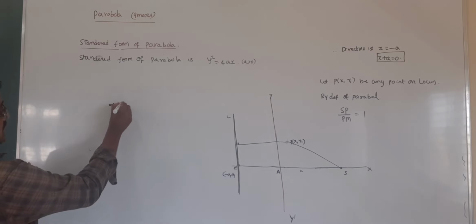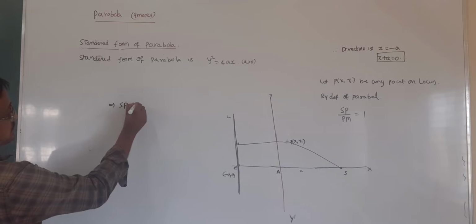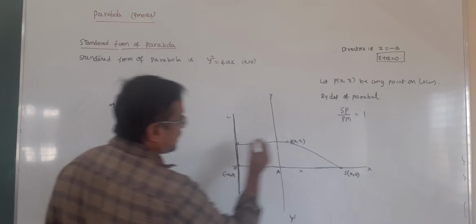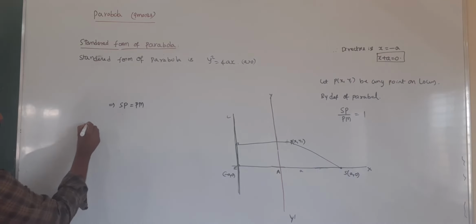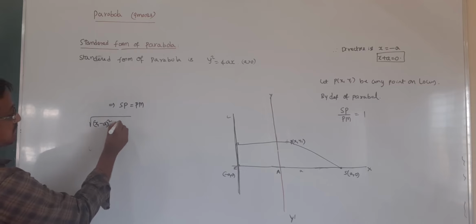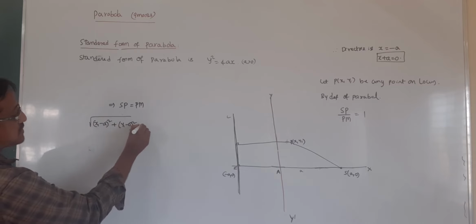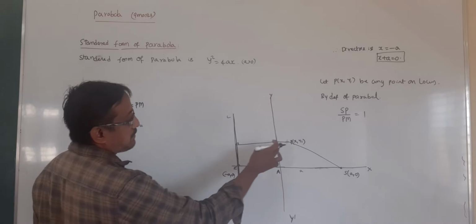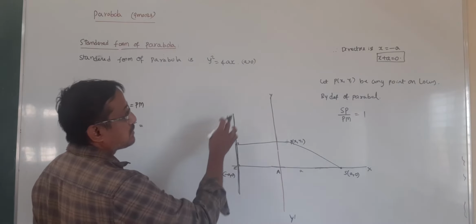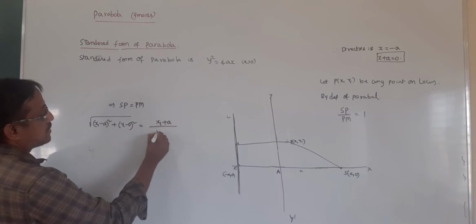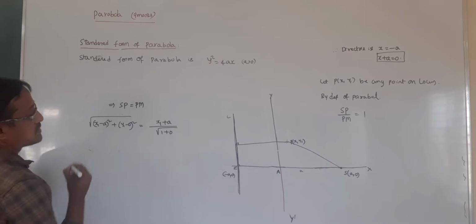SP is the distance between S(a, 0) and P(x1, y1), so it will be root over (x1 minus a) whole square plus (y1 minus 0) whole square, is equal to PM, where PM is the perpendicular distance from the point to the directrix. So it will be (x1 plus a) by root of 1 plus 0.